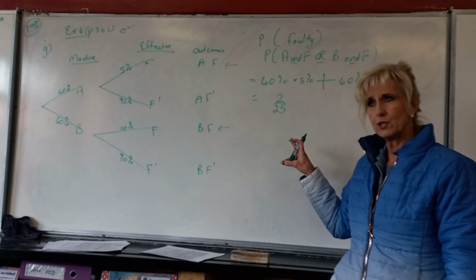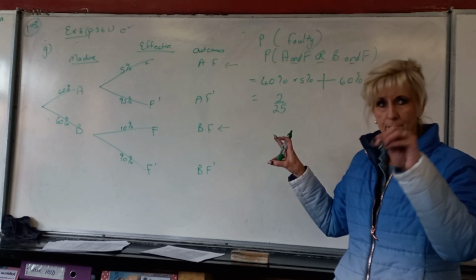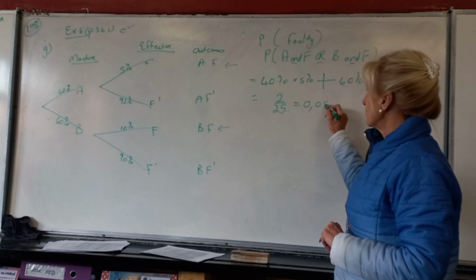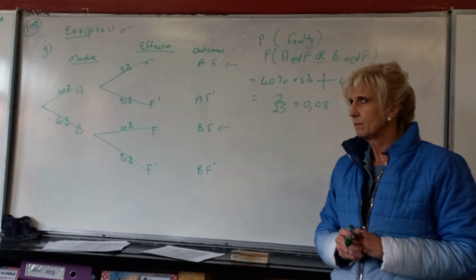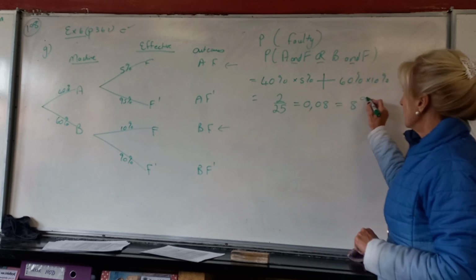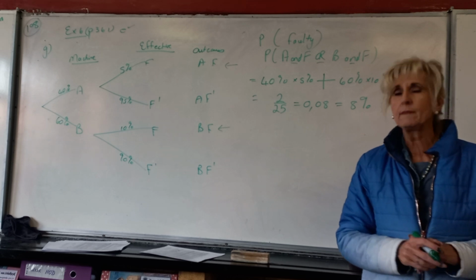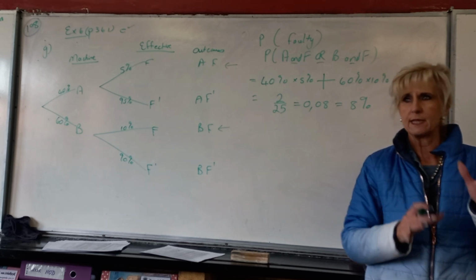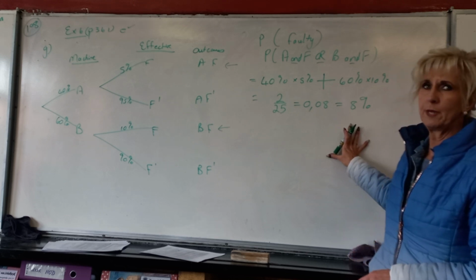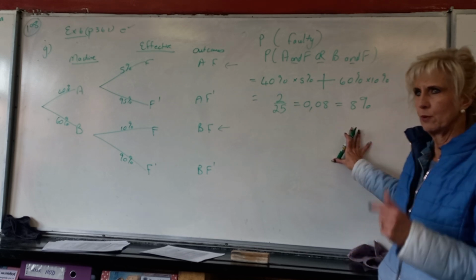Did I answer the question? No. This time they're asking for it in percentage. So if you did go and do the decimals, that would be right, but that's still not percentage. Happy now? 8% of all the calculators that they manufacture at this factory are bound to be defective, faulty, whatever you'd like to say.